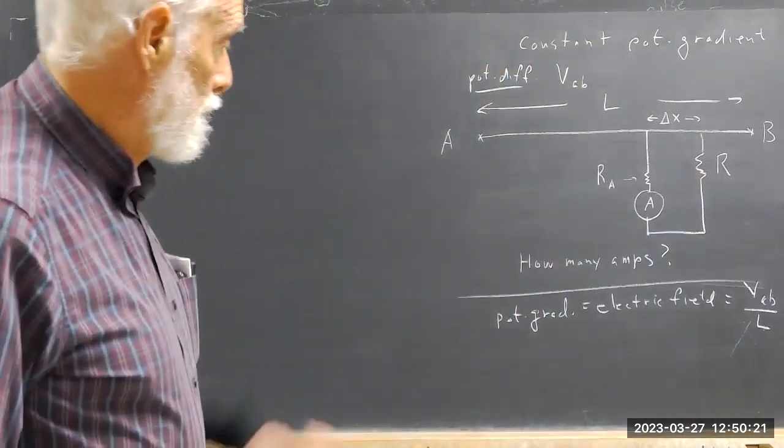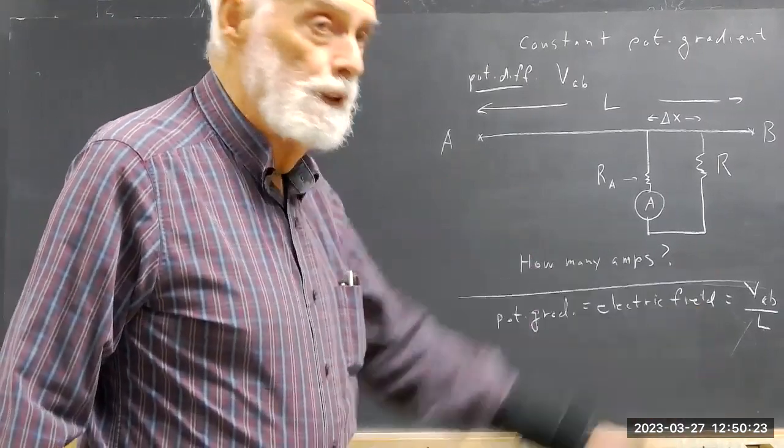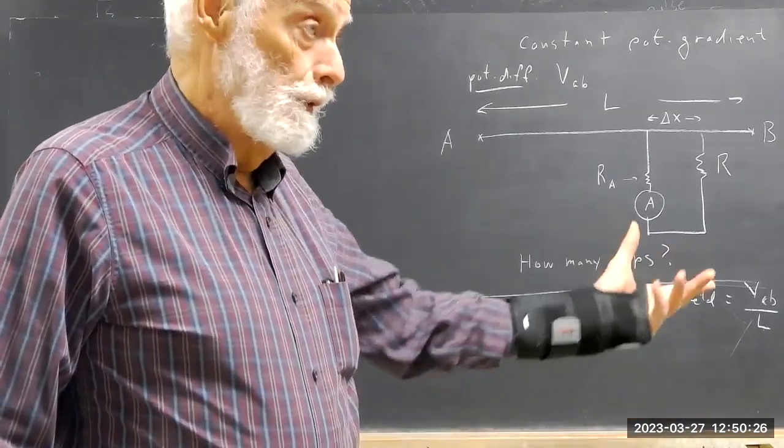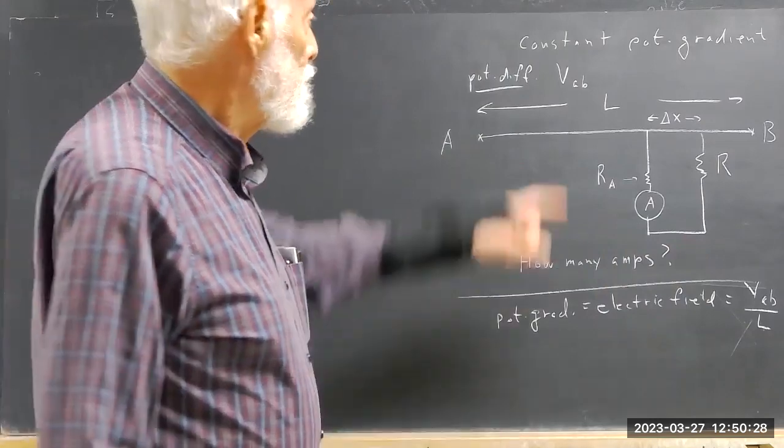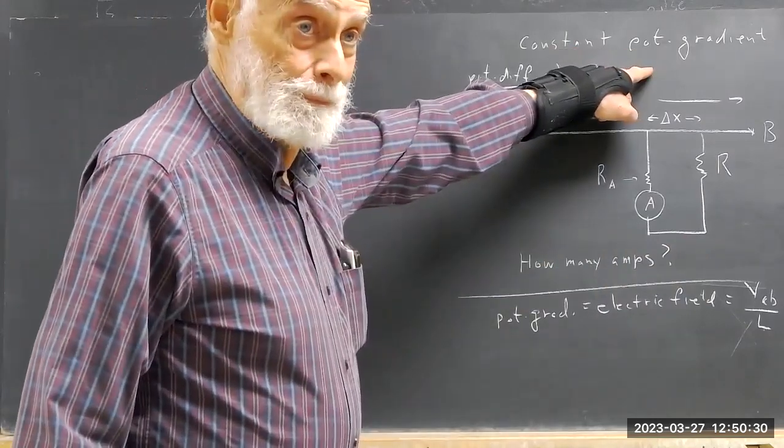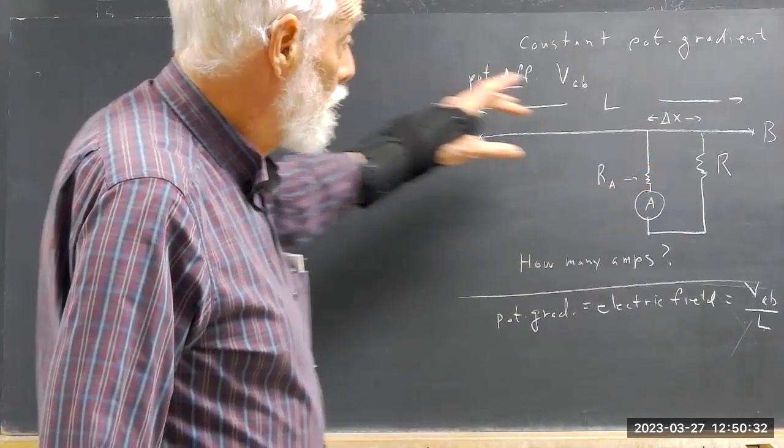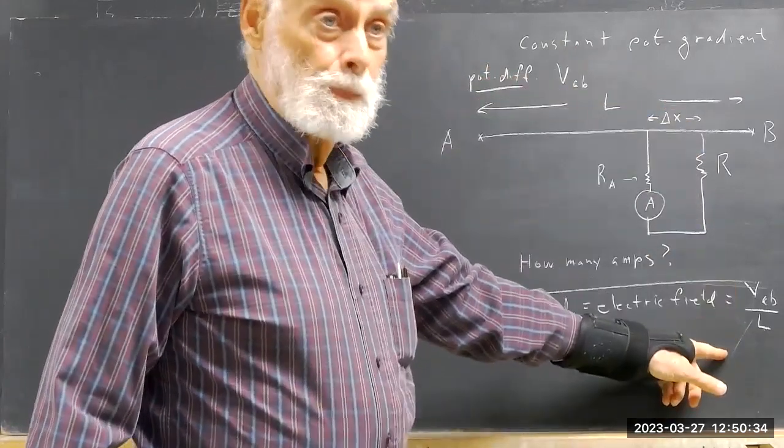Potential gradients just need electric field, which is the change of potential by the distance. Since it's constant. If you had a non-uniform wire, you wouldn't have a constant potential gradient.